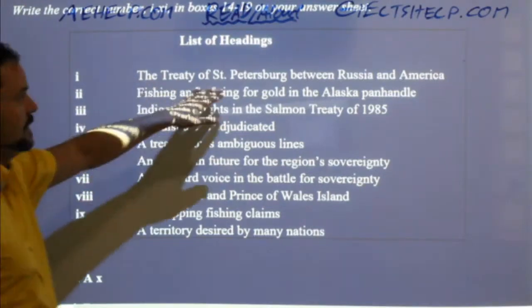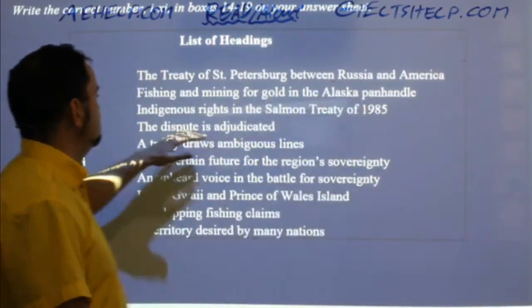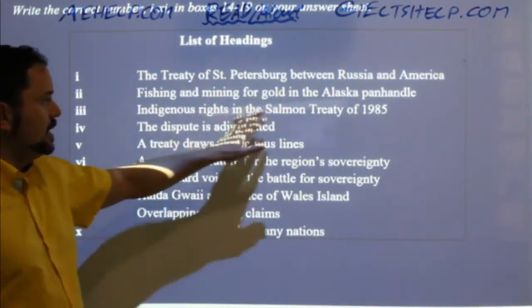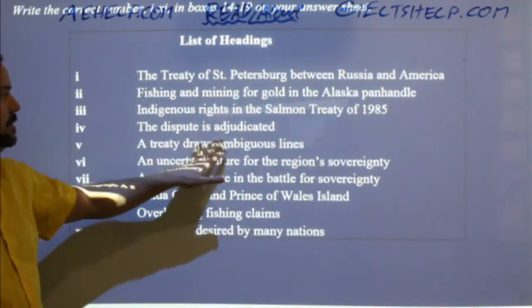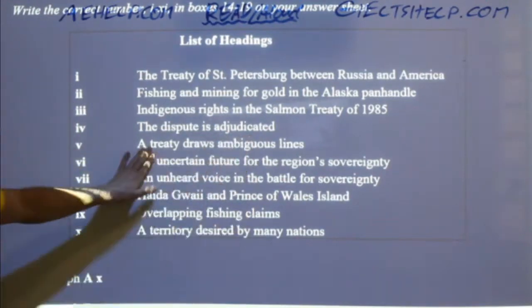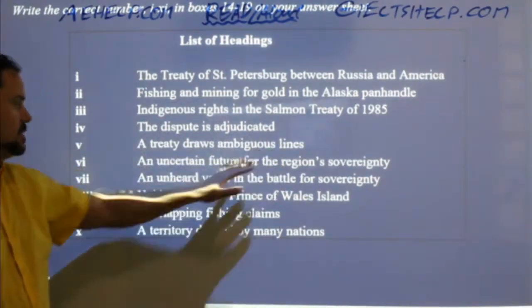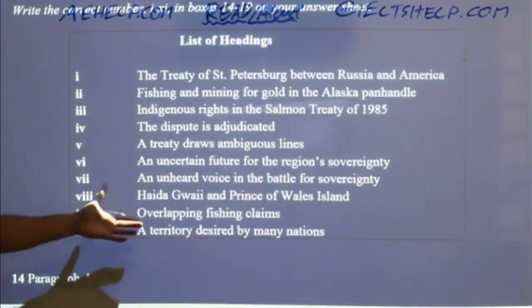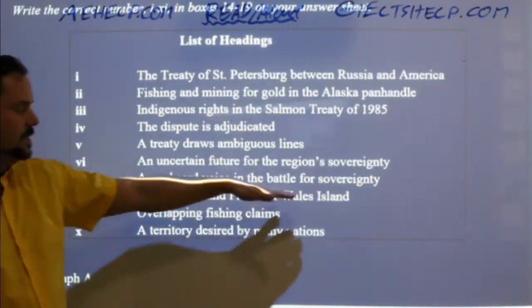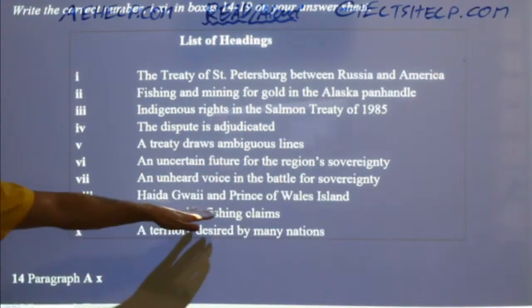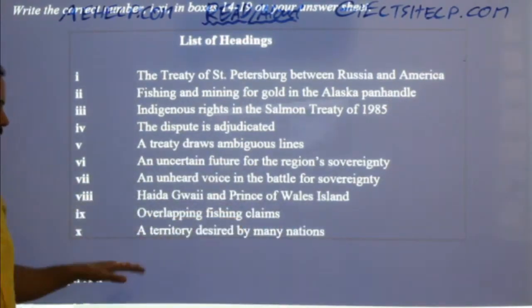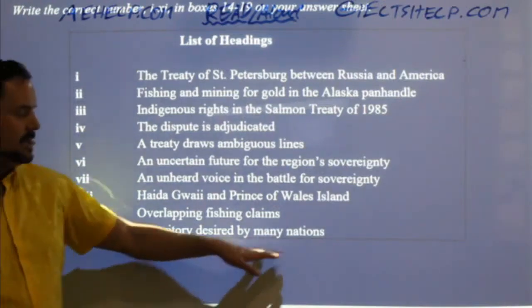The Treaty of St. Petersburg between Russia and America, fishing, mining for gold, indigenous rights, salmon treaty, the dispute is adjudicated, treaty draws ambiguous lines, an uncertain future for the region's independence or sovereignty, unheard voice, the battle for sovereignty, Haida Gwaii and Prince of Wales Island, overlapping fishing claims, a territory desired by many nations.